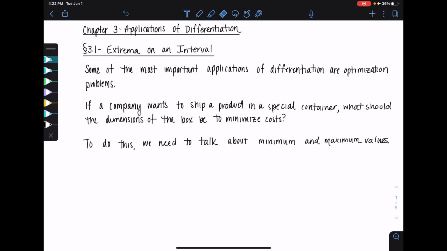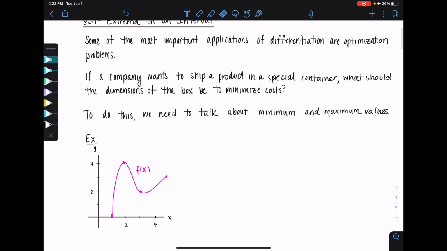So to be able to do that, we need to talk about what are minimum and maximum values, because I want to minimize my cost. So we're going to look at a function, and we're given this function over a particular interval, so it's just going between 1 and 4. If we look at this function, we can see there's a clear value that is the absolute largest this function is, and there's a clear value that is the absolute smallest.